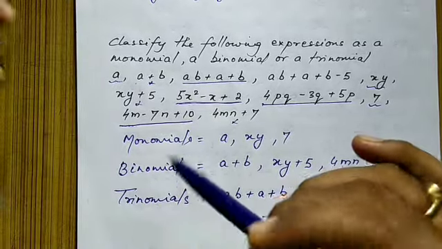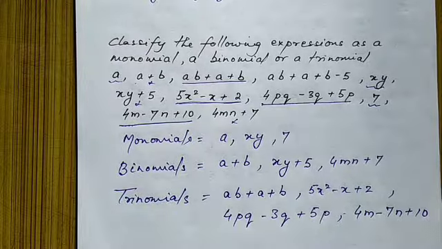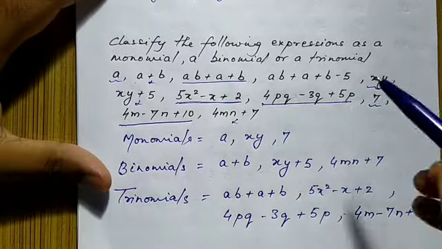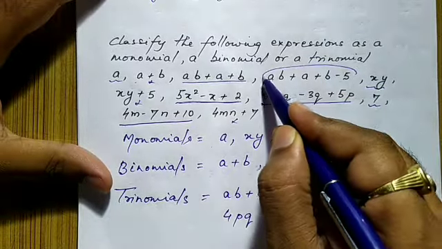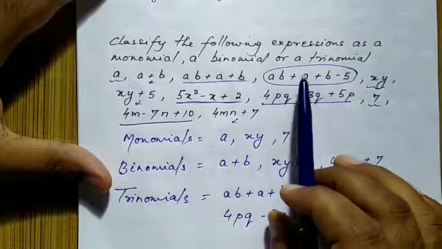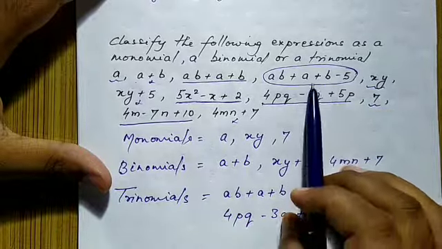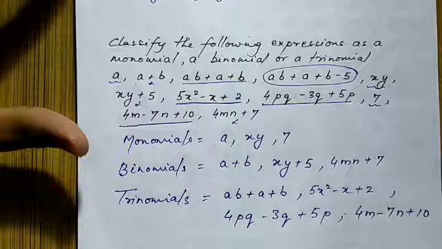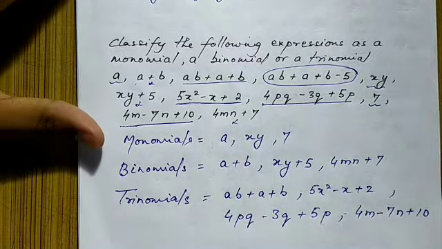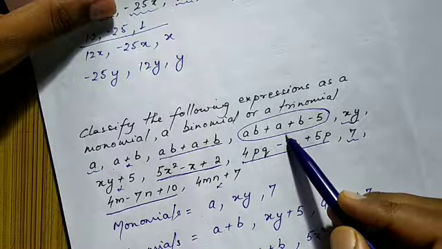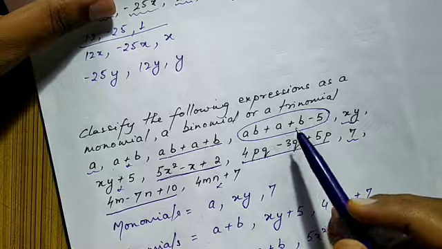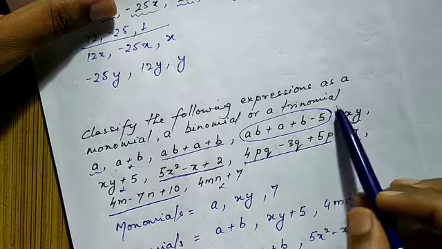So you have already classified monomials, binomials and trinomials. One expression is left. This is neither monomial, nor binomial, nor trinomial. Now come to the next, try these. You also comment in the description box what this is.